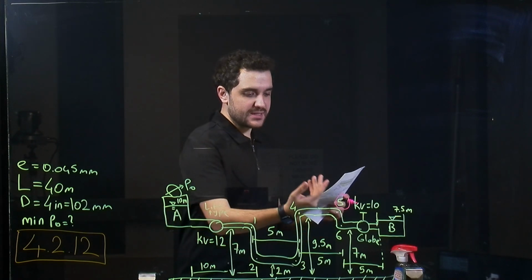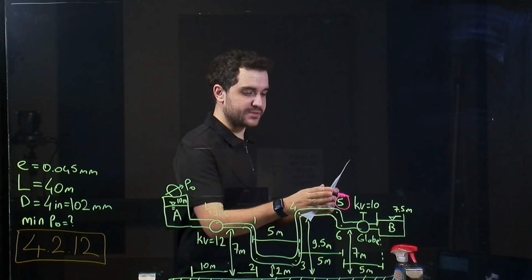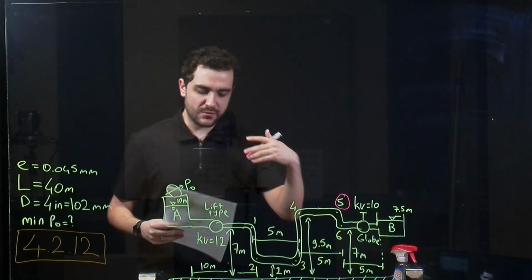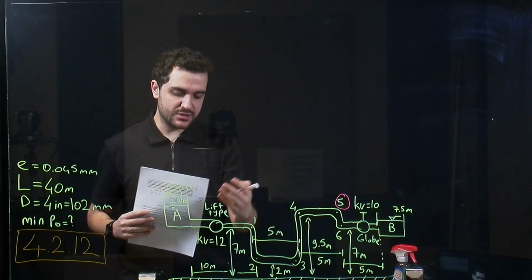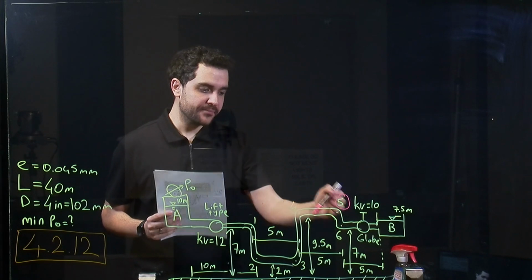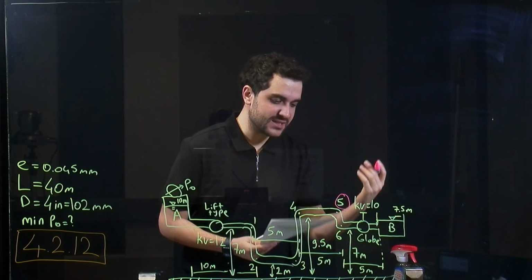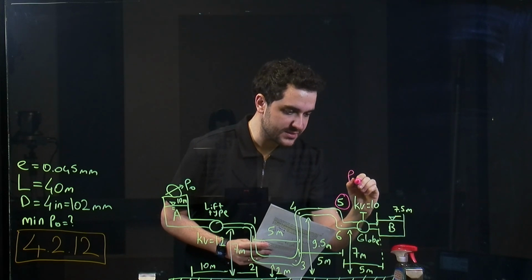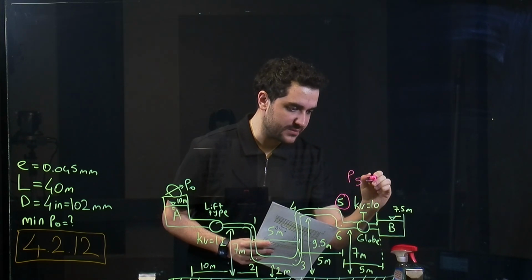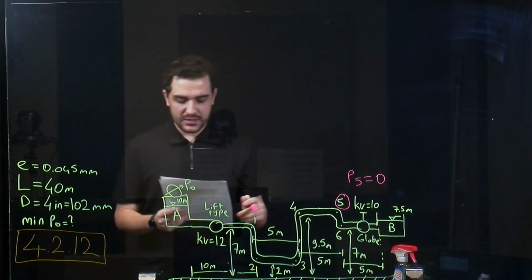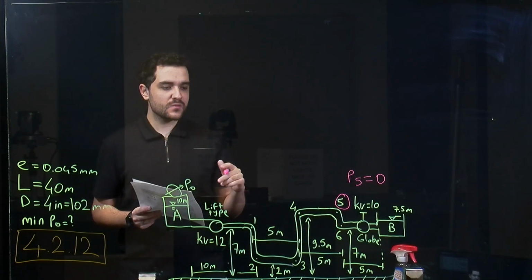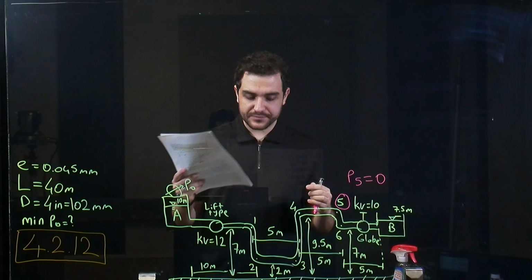So if we make this pressure as 0, we can make sure that the pressure will be positive throughout the pipe. So let's say we need to satisfy that condition, which is pressure at 5 will be 0. So with this condition, we can start solving the question.